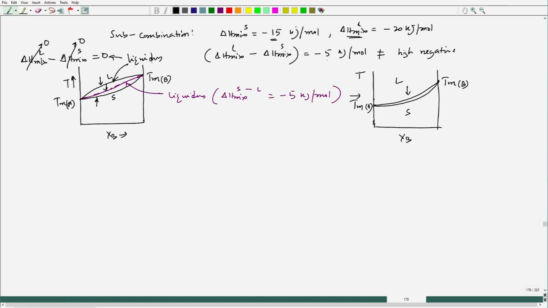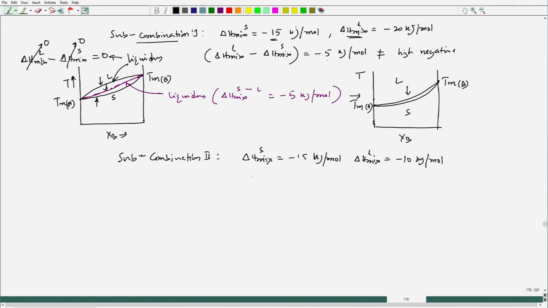Now, let us say this is subcombination 1. For subcombination 2, consider a situation where del H mix solid still remains minus 15 kilojoule per mole, but del H mix liquid becomes minus 10 kilojoule per mole, fine.